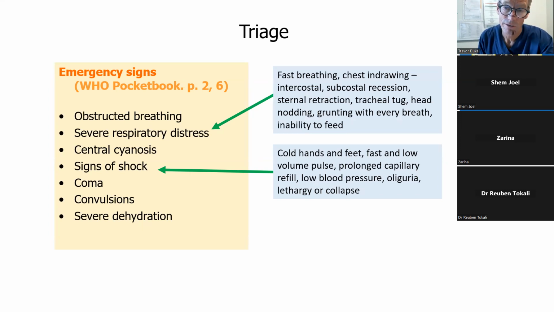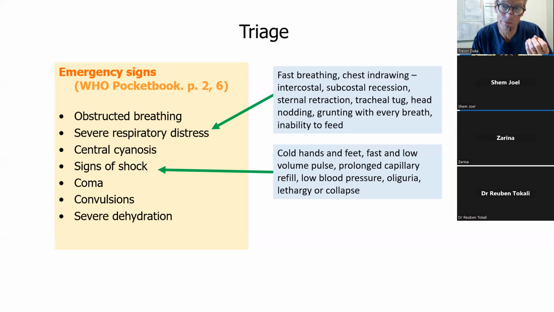When we teach nurses and junior doctors about what severe respiratory distress is, they won't necessarily know, but it's the identification of the individual signs that go to make up severe respiratory distress that we also should be teaching. So children with severe respiratory distress will have one or more of fast breathing and chest indrawing, some sort of indrawing. You can have chest indrawing as intercostal recession or subcostal recession, or sternal retraction, or tracheal tug.